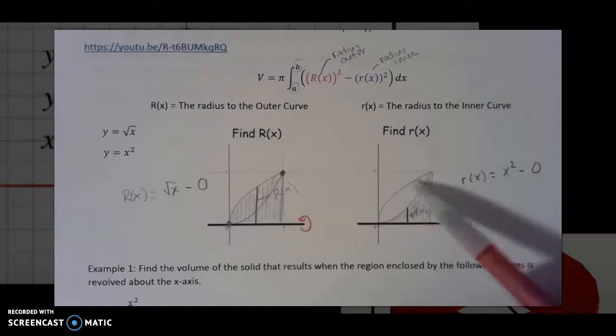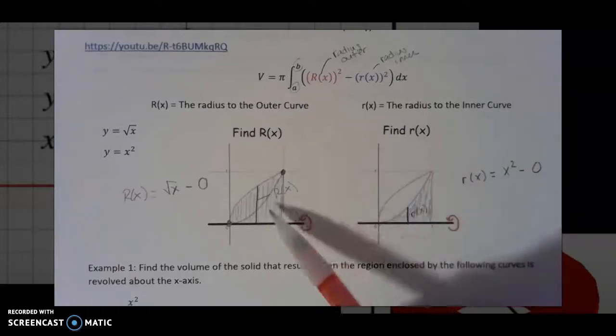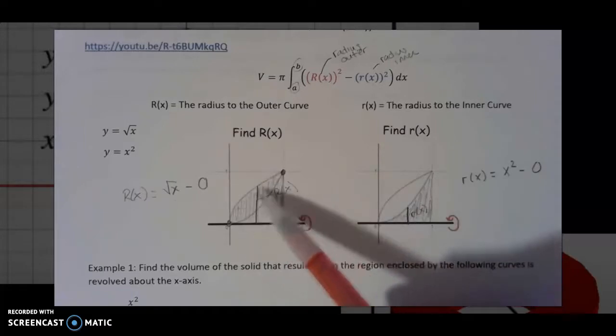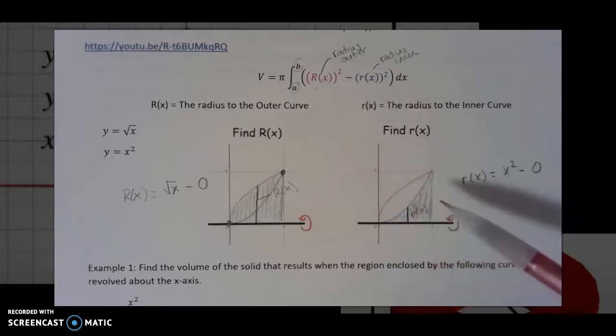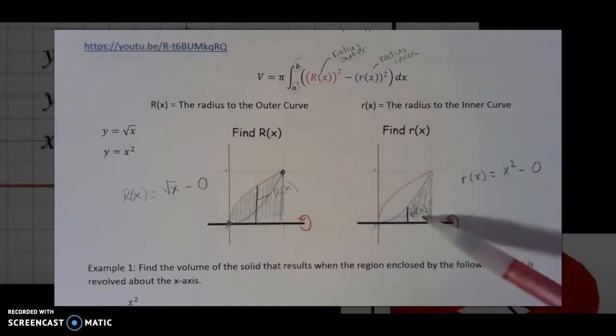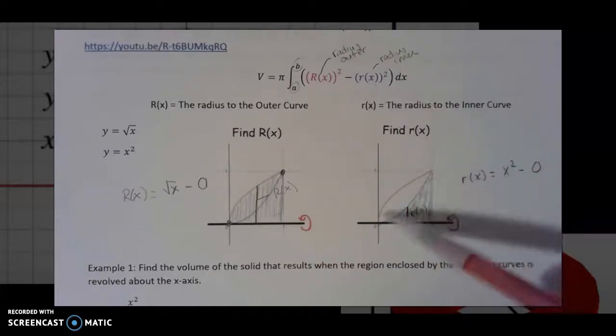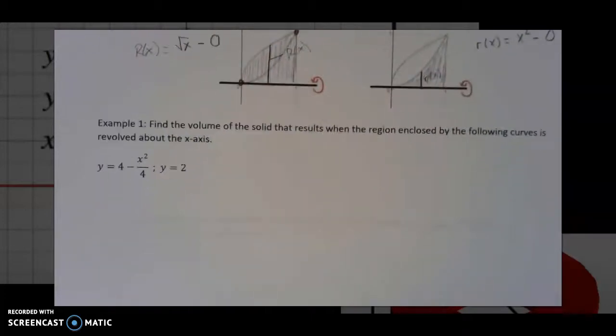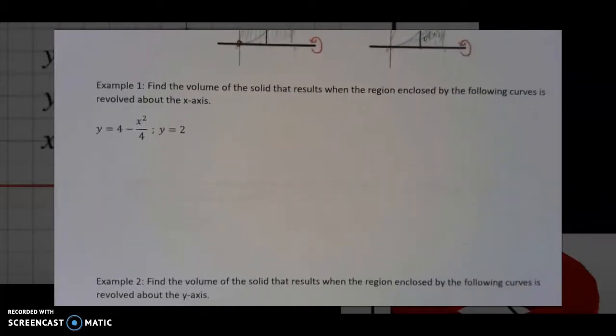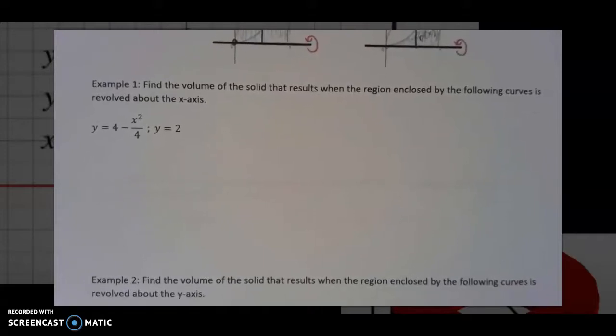Well, to get the area of this piece in the middle, we have to take this whole area, which is this first piece right here, and subtract out the area of all of this to get that inside part that we're looking for that's going to be revolved. Okay, so that's going to give us our volume. So let's look at an example from start to finish and what that's going to look like.